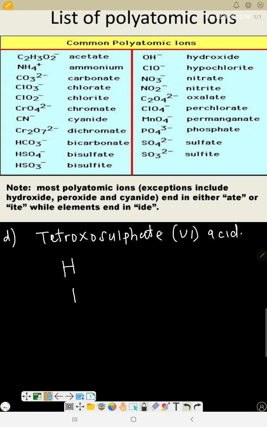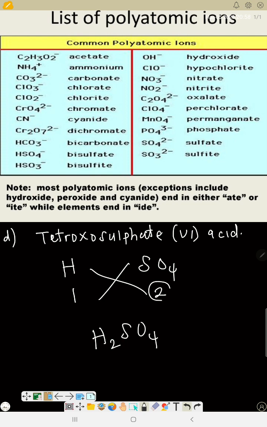Tetraoxosulfate 6 acid. Now what is tetraoxosulfate 6? It's still sulfate, that is SO4, and the valency is 2 because it's 2 minus. The charge is their valency. So do crisscross. This is H2SO4. The 2 is going to hydrogen, 1 is going to sulfate. So that is H2SO4. This is tetraoxosulfate 6 acid.